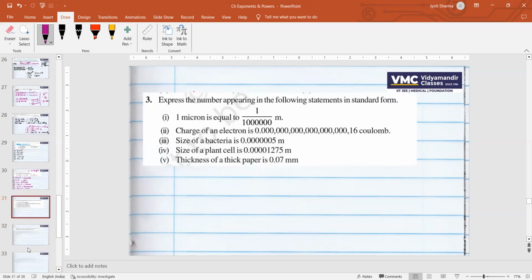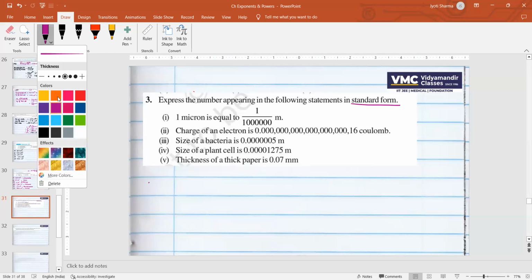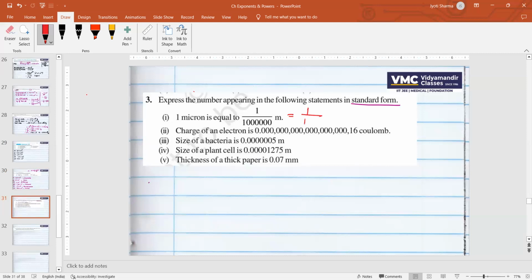Third question of the exercise is to write in the standard form or scientific form. So the first part is, this is 10 to the power 1, 2, 3, 4, 5.